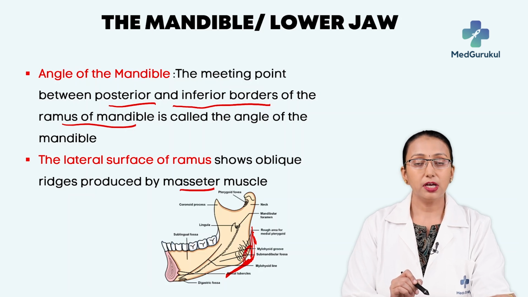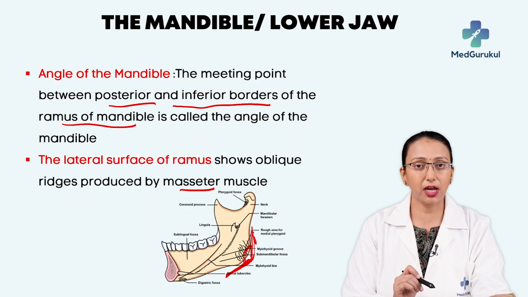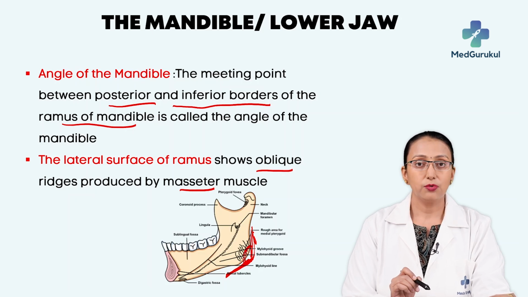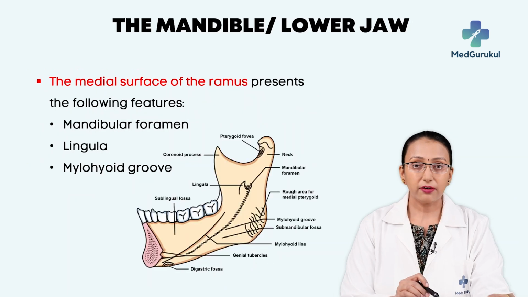We know that the muscles of mastication are attached to the mandible. Then we have the medial surface of the ramus.